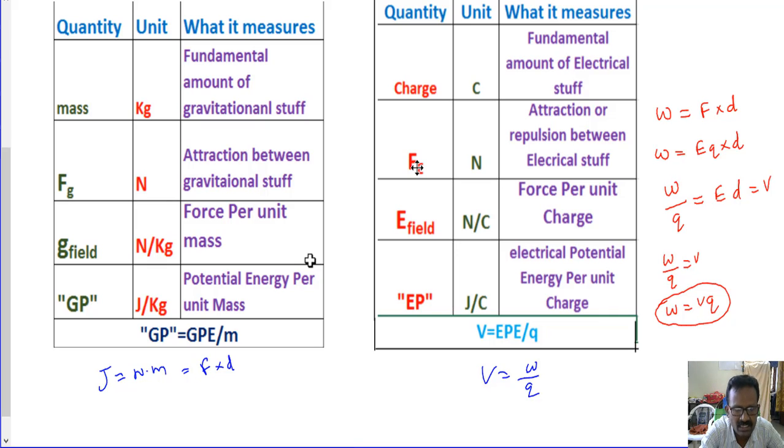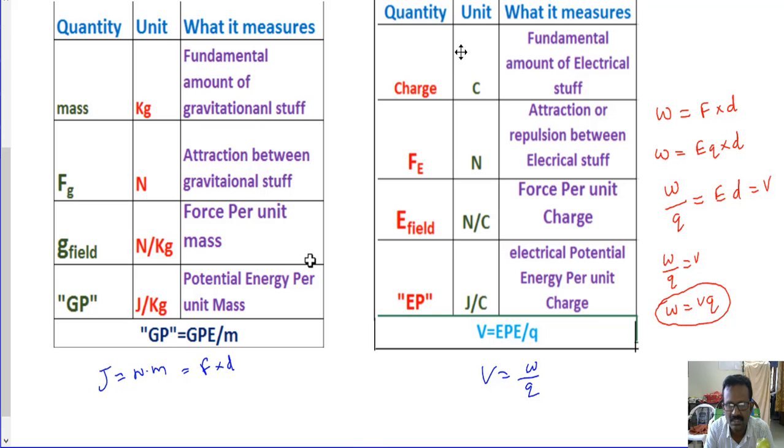But in electricity, the tendency of attraction and repulsion is a property of charge. When the equality of protons and electrons in an atom is disturbed, it will acquire charge.